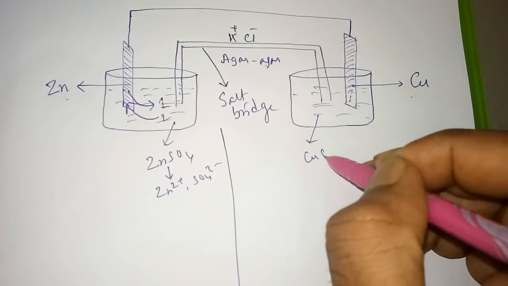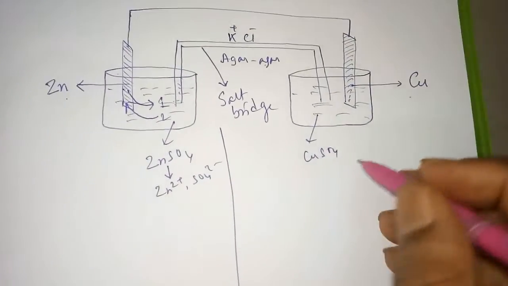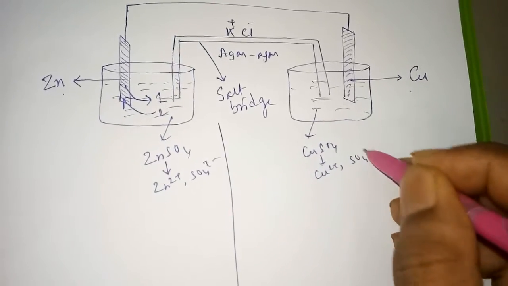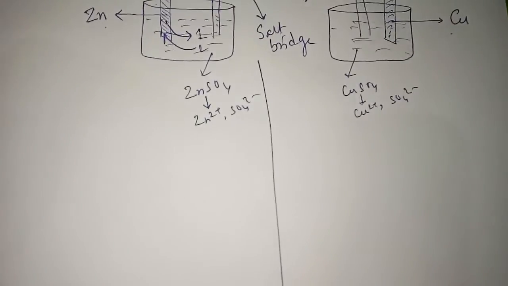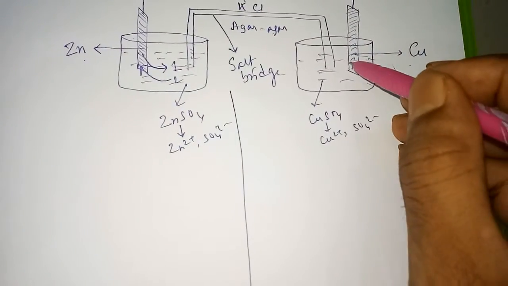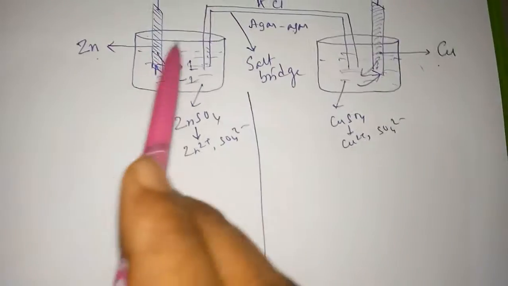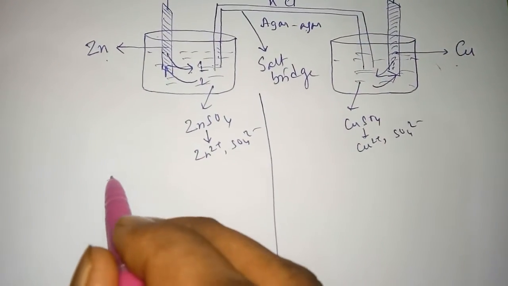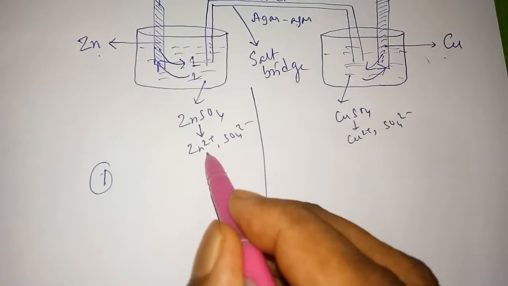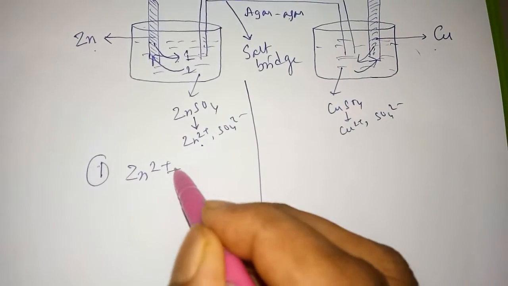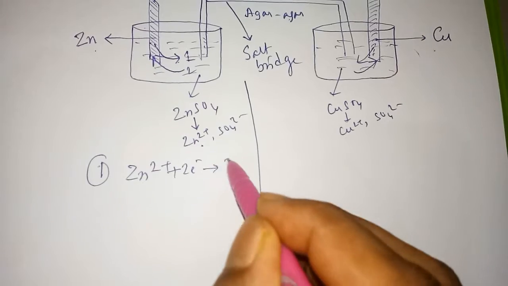This one contains CuSO4 solution, meaning it has Cu dipositive, SO4 dinegative. Here also two types of reaction take place, one from the rod to solution, and solution to rod. The first reaction that we are talking about is that zinc dipositive present in the solution takes 2 electrons to give you zinc.